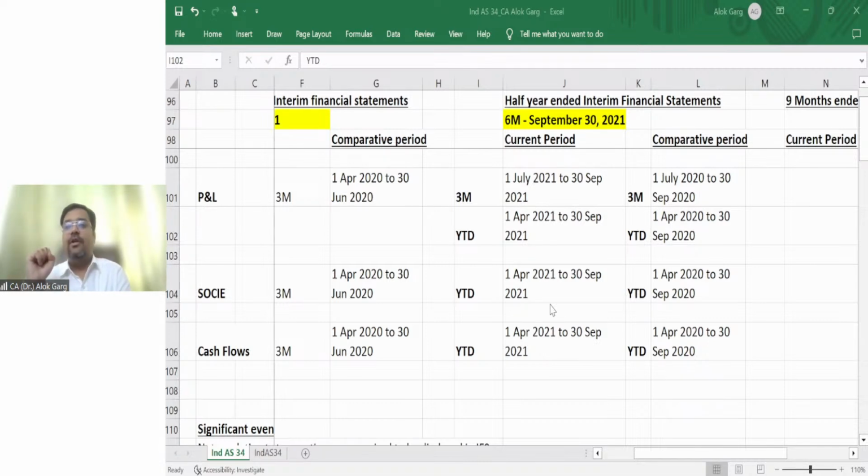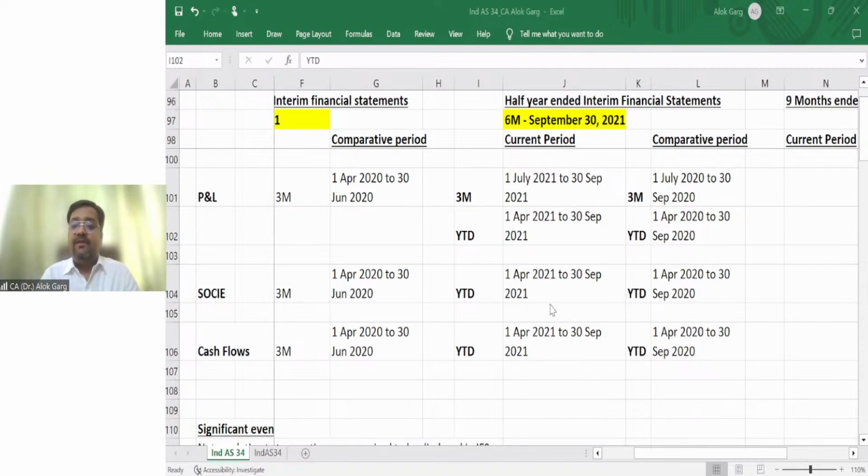So these requirements in Ind AS or AS for interim financial reporting are in line with the requirement of the regulator. Is that clear? That is why, Namrata, SOCI and cash flow is always for year to date, which means for September it is 6 months. Okay.